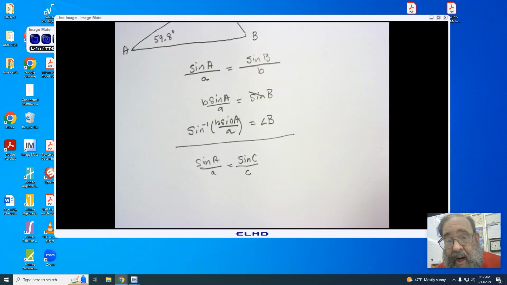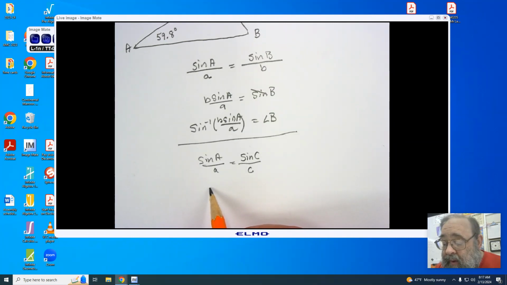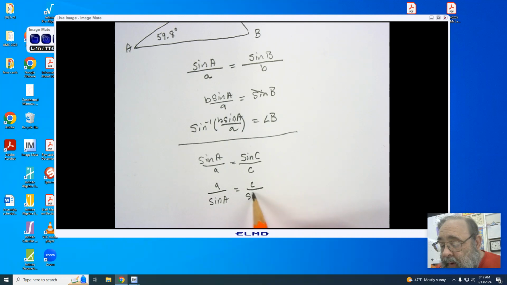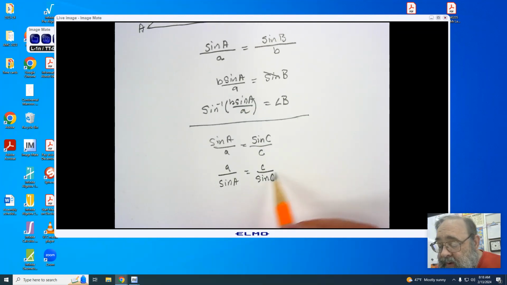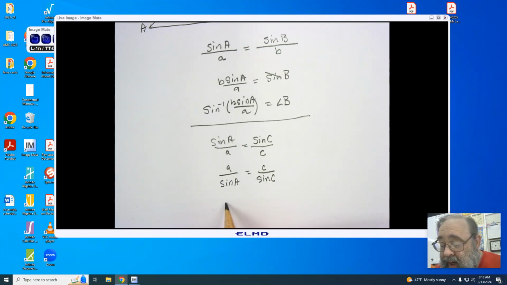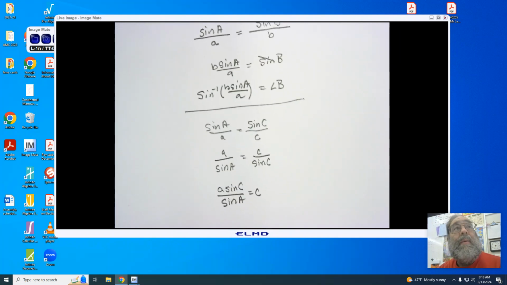This does not change the problem, and if you wish to do that, you may do so. It makes it a little bit easier to solve for side C. All we have to do now is multiply both sides by the reciprocal, and it gives us A sine of angle C divided by the sine of angle A is equal to C.